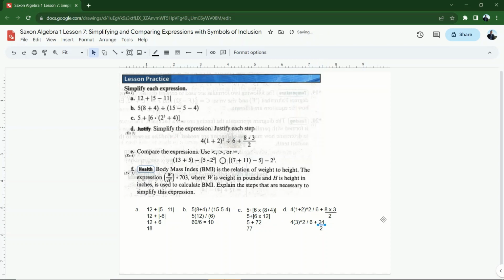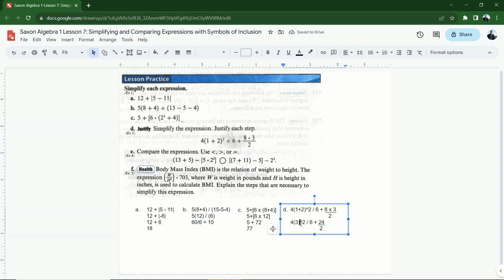Okay, next. Next, we have to do our exponent, the next thing in order of operations. So this is going to be 4 times 3 squared, which is 4 times 9 divided by 6 plus, and I can just simplify 24 over 2 is 12.